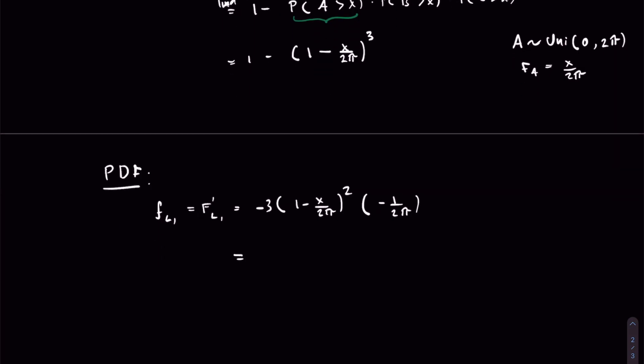Okay, and that whole thing is simply 3 over 2 pi times 1 minus x over 2 pi to the power 2.